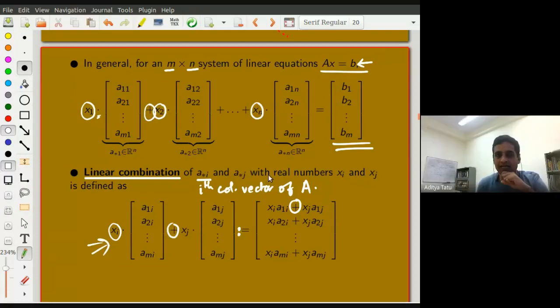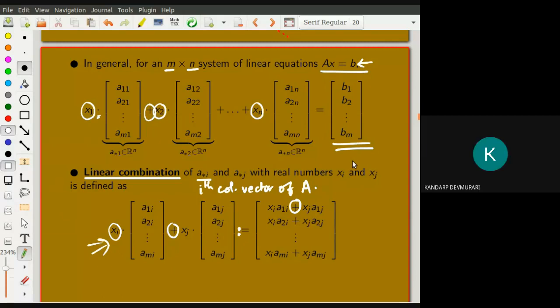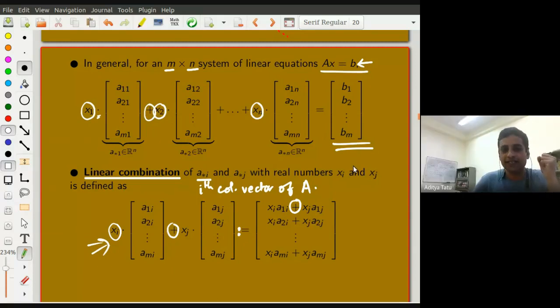So if you look at Ax equal to B, all you're doing on the left hand side is trying to find a linear combination of n column vectors. And what is special about that linear combination? You just want that linear combination to give you the right hand side vector. Agreed? So then when can the solution exist?